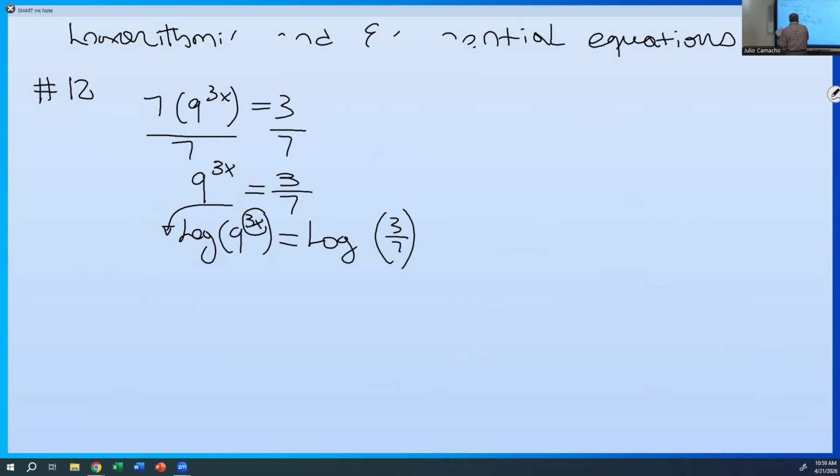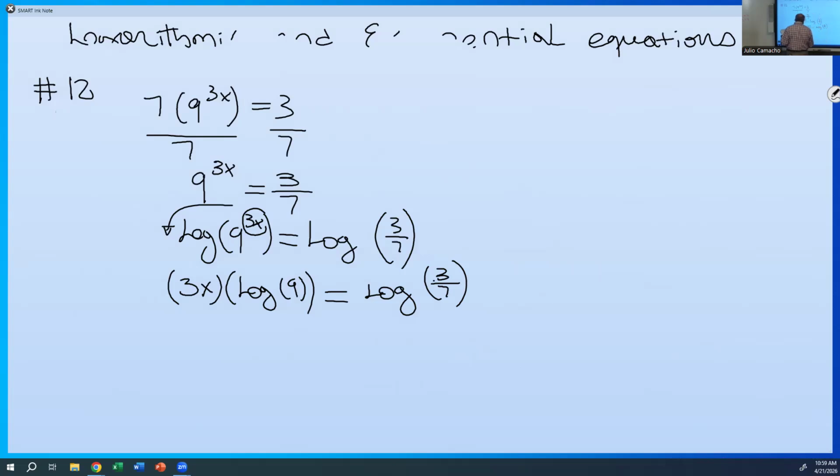Then I will use the power rule to move this 3x to the front of the equation. So you have 3x, in parentheses, times the log of 9 is equal to the log of 3 over 7. Okay, sorry, that doesn't look like a 7.